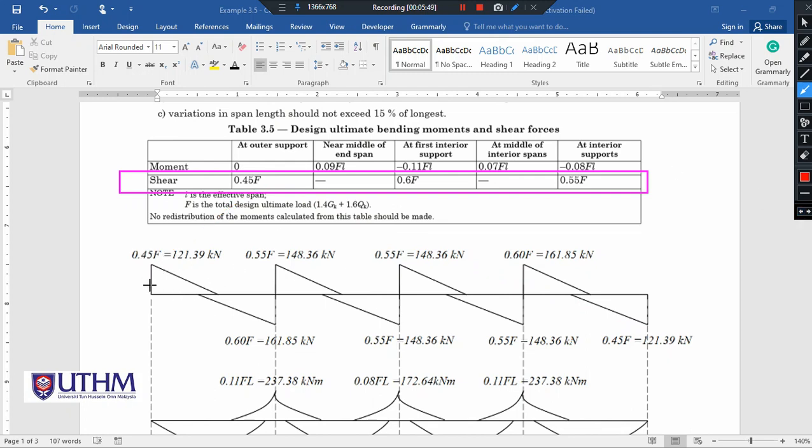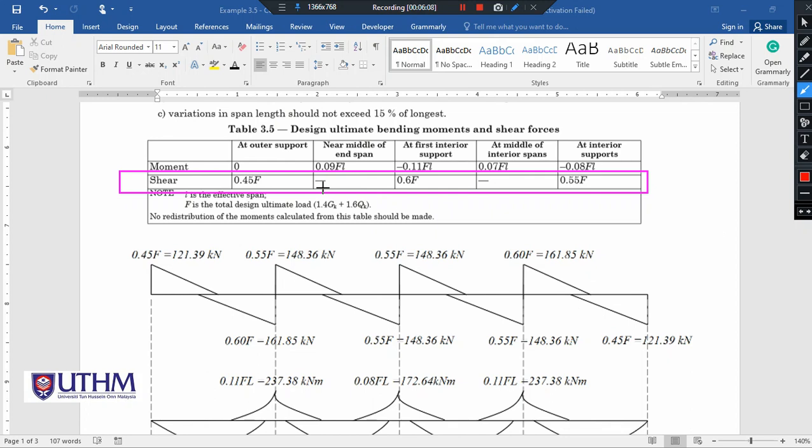After the outer support, when we go more further inside, here is the near middle of end span. Same goes to this part. This is the near middle of end span.